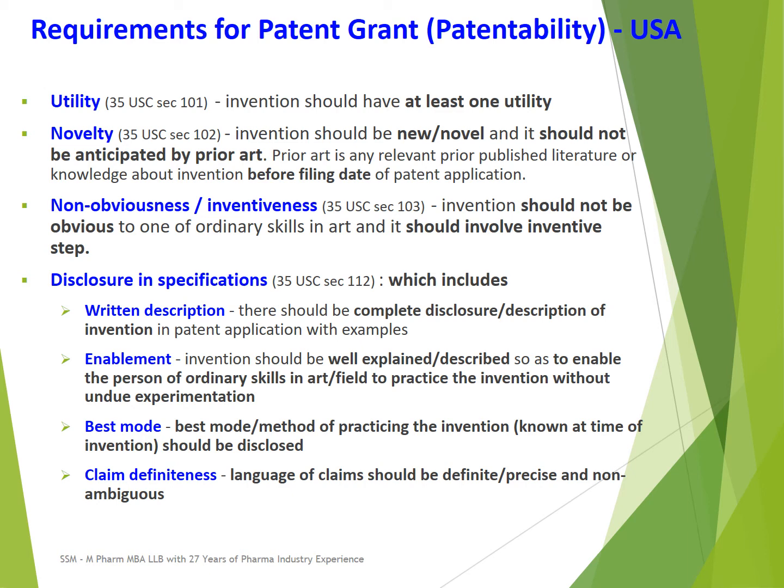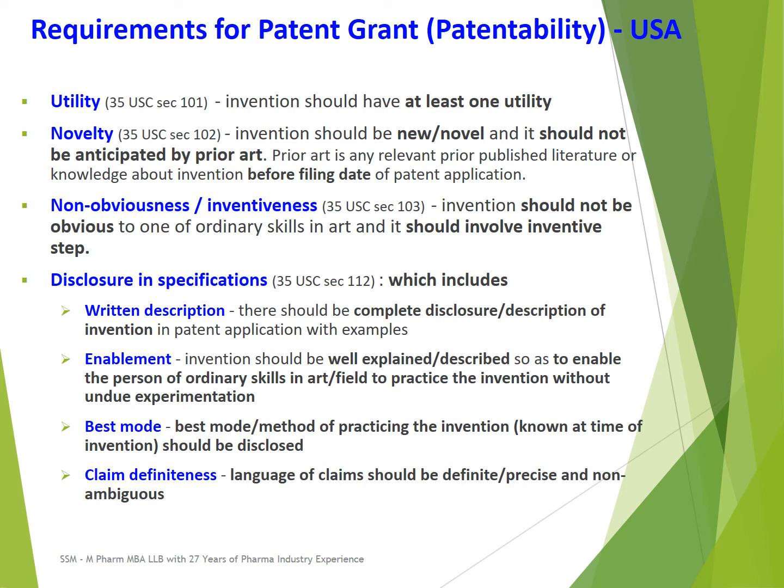You can challenge on utility ground if you find that there is no industrial utility for that invention. On novelty ground, if you find any prior publication about that invention, you can show to the patent office or court in your opposition or in invalidation proceeding that this article is published about this invention before filing date. So on novelty ground also you can challenge a patent.